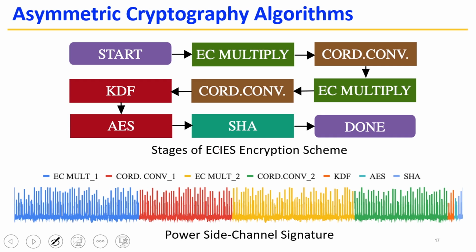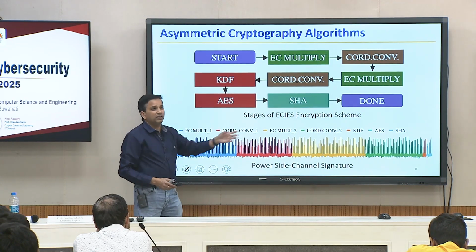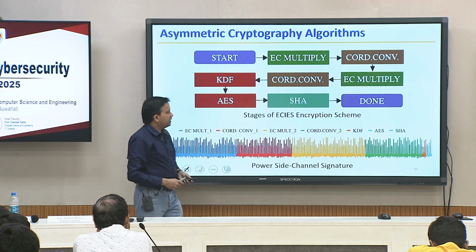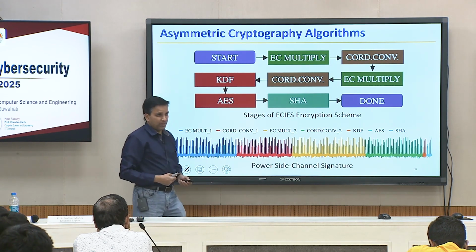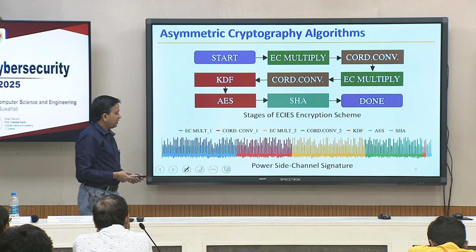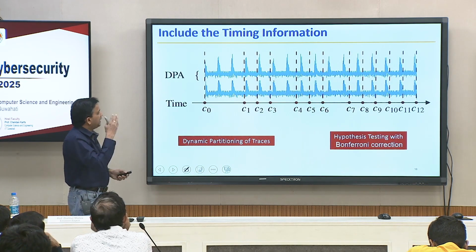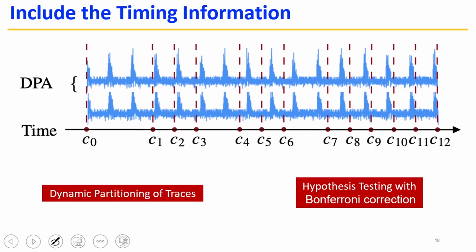If you are trying to see through a side channel, remember a couple of important points. One is finding the boundary, which component is where. Second is getting rid of noise through different kinds of differential analysis. And therefore, doing the timing right and putting the right boundary is one of the key areas of work.